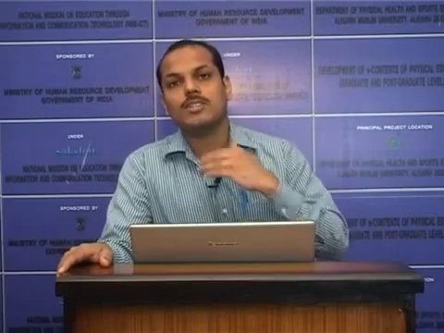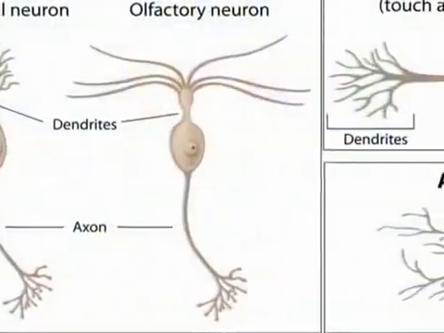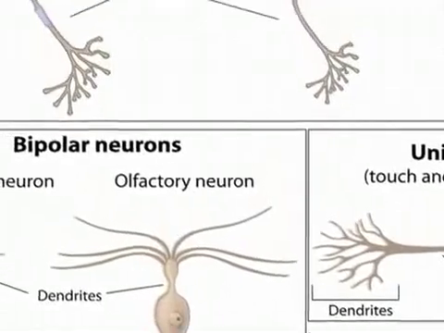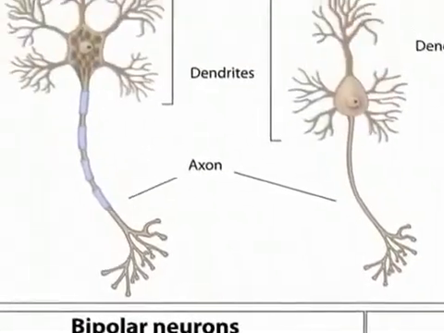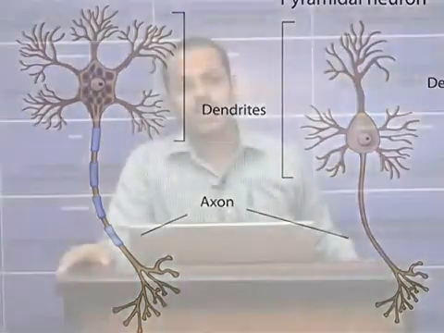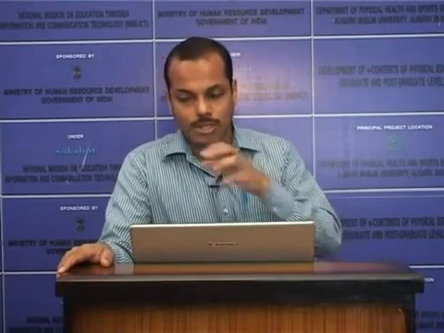Now, like we discussed with the nerves, there are different types of neurons, mainly based on the location and direction in which the neuron conducts impulses. There are mainly 3 types of neurons. The first one is the sensory neuron. A sensory neuron carries impulses to the central nervous system.